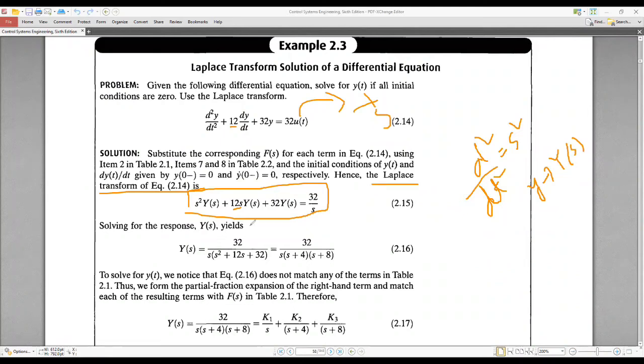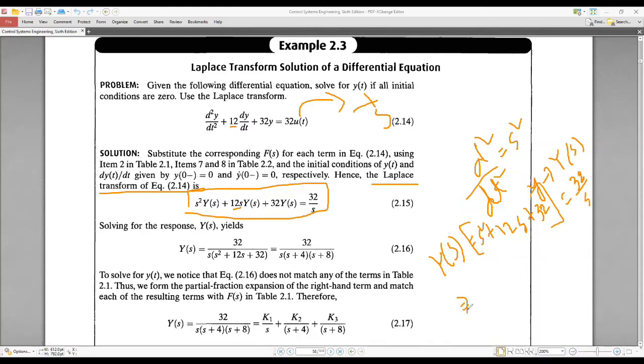Now, if you solve this for Y(s), what will you see? This is simple math. If you take the common factor, then (s squared plus 12s plus 32) Y(s) is equal to 32 by s.